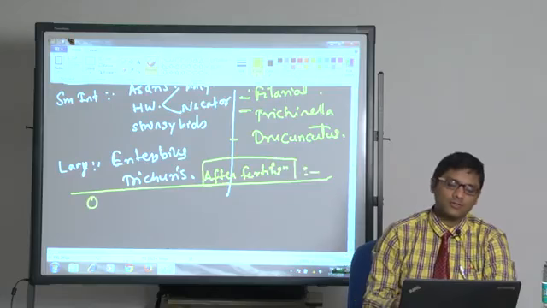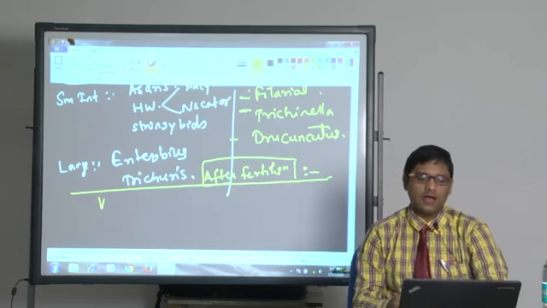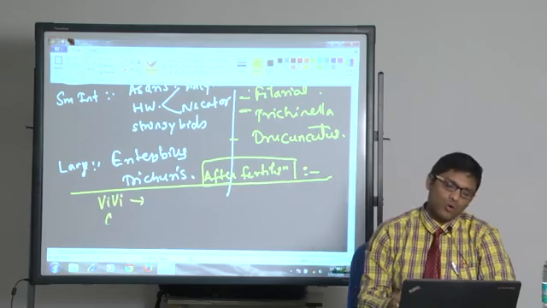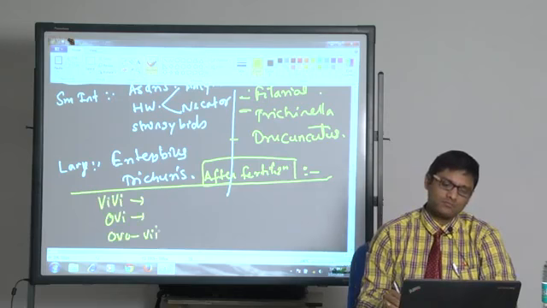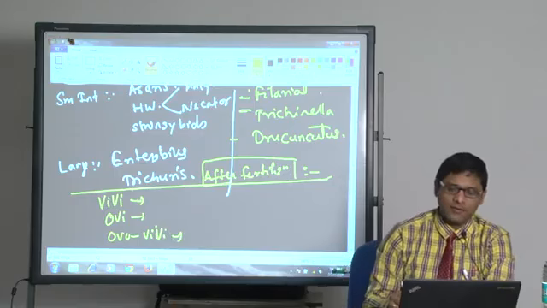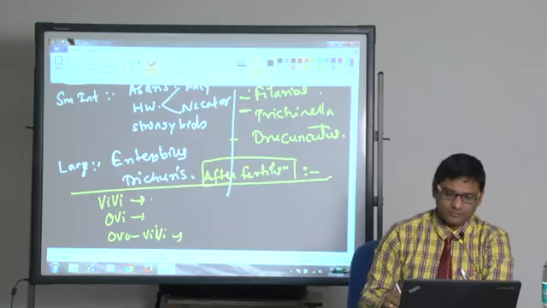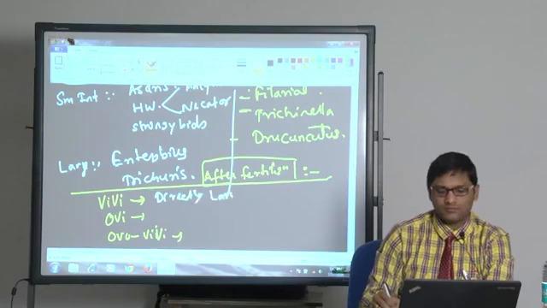Accordingly, they are classified as oviparous, viviparous and ovoviviparous. Viviparous: after fertilization directly larva is produced.